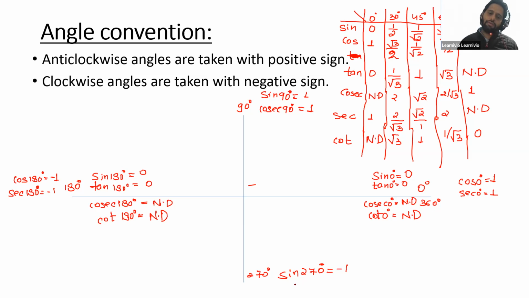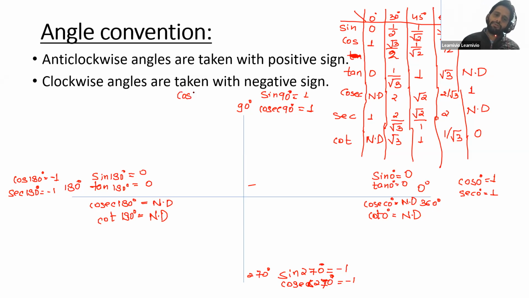Very good. And cosec 270? -1. Very good. So, sir, it will just turn into negative. Yes, it will just convert into a negative. Whatever values we have for 1, they become -1. The remaining will remain the same.